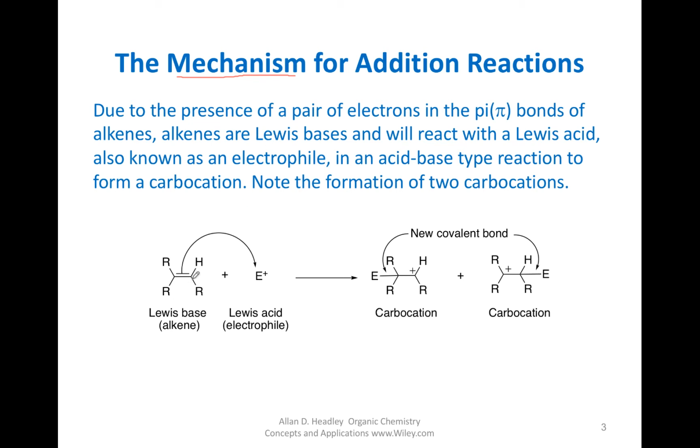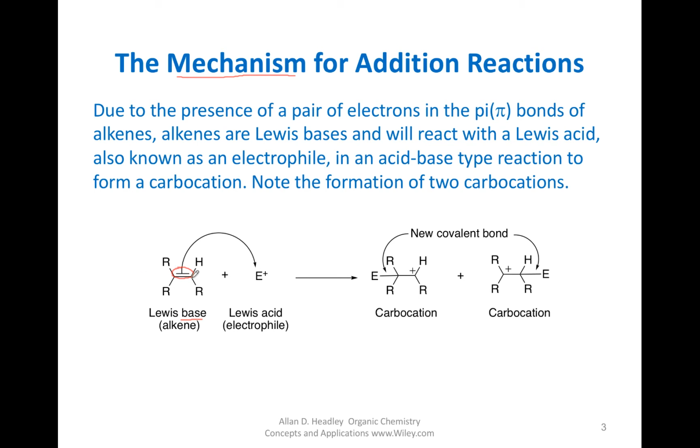First, here is our alkene right here, the double bond. And as we have described before, it is really a Lewis base because it has here a pair of pi electrons that are available for reaction.